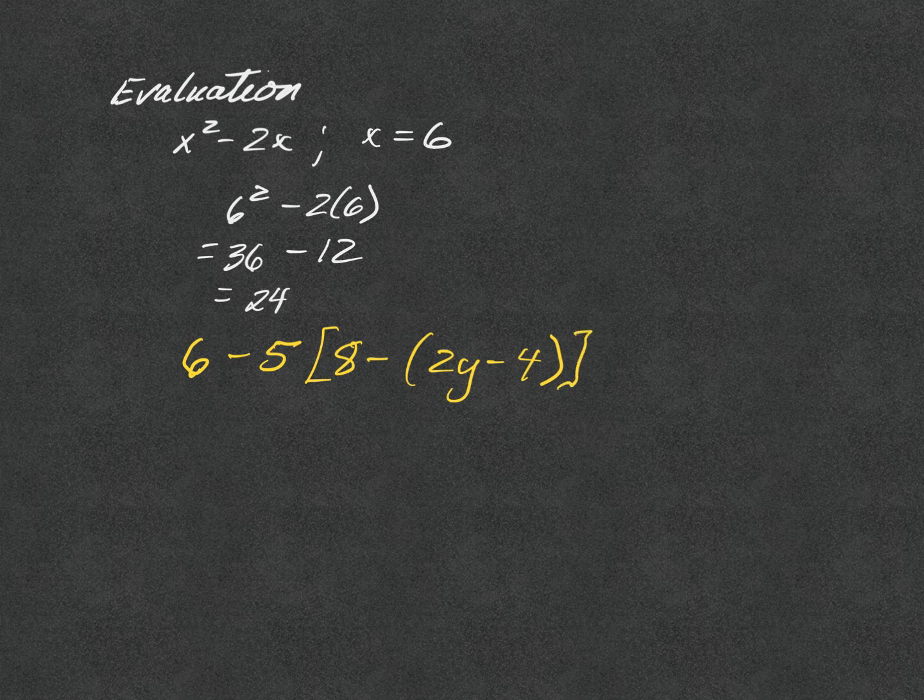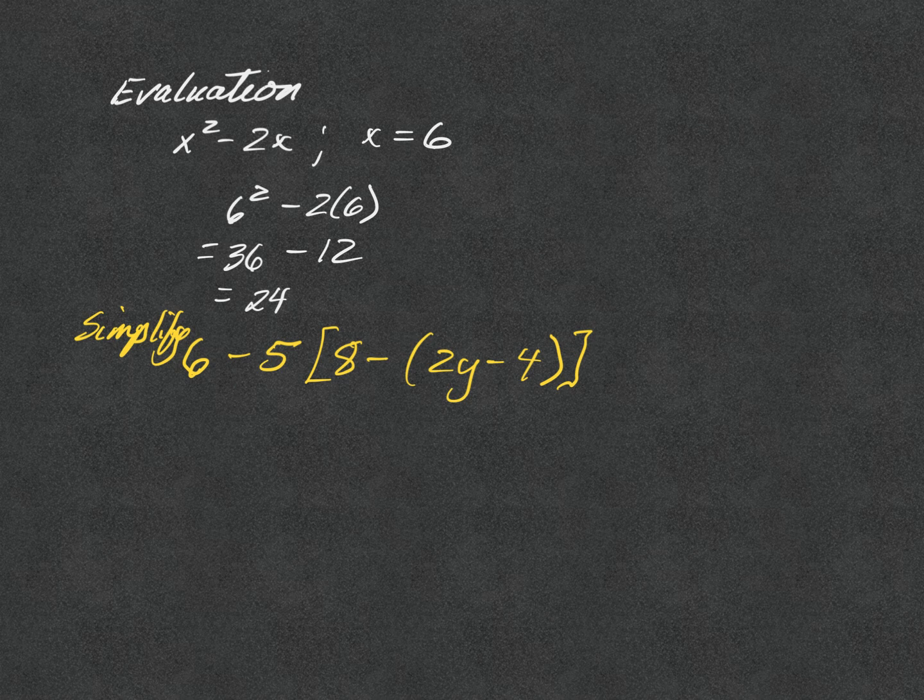All right. So when you see this, this looks like an order of operations. The directions are going to be simplify. Okay. And so we have to follow order of operations when we simplify. And so you want to be careful not to go left to right. Don't do 6 minus 5 first.